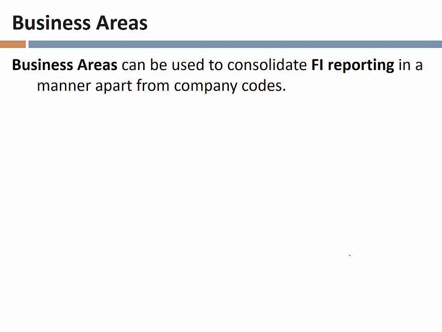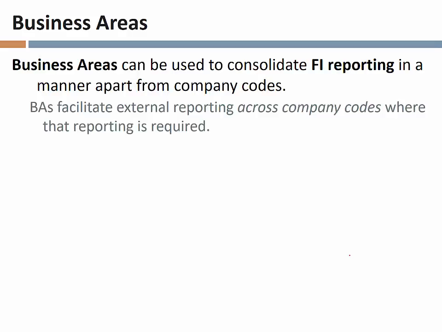But the fact is, sometimes for our own internal purposes, or based on contracts or relationships that we have entered into, sometimes we need to be able to carve up this pie in slightly different ways. We're not saying we're going to do that for the sake of filing our taxes with the government. We're saying that sometimes this is just for our own benefit, for internal contracts and calculations and so on. Business areas give us that flexibility.